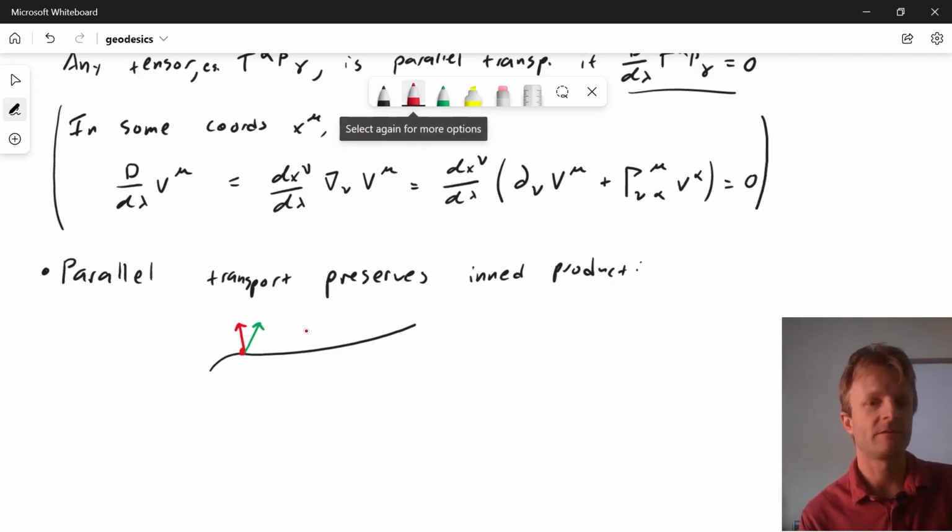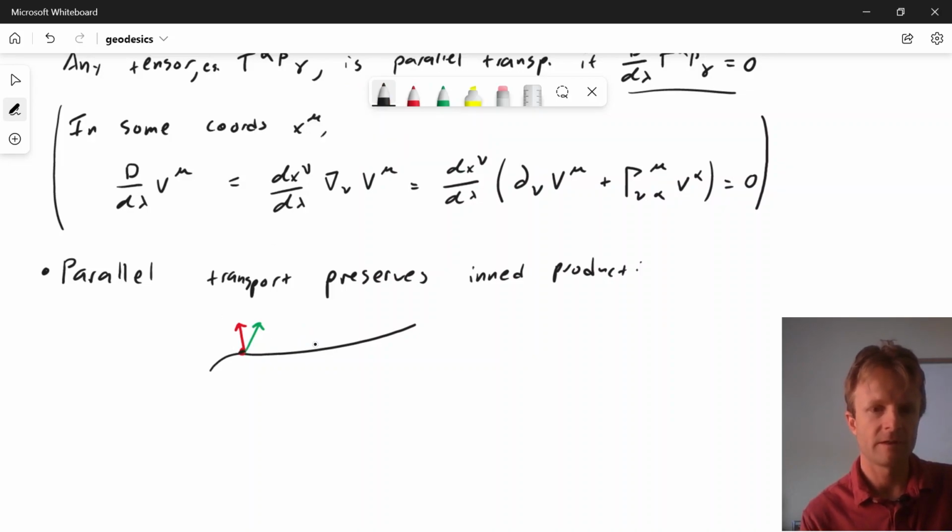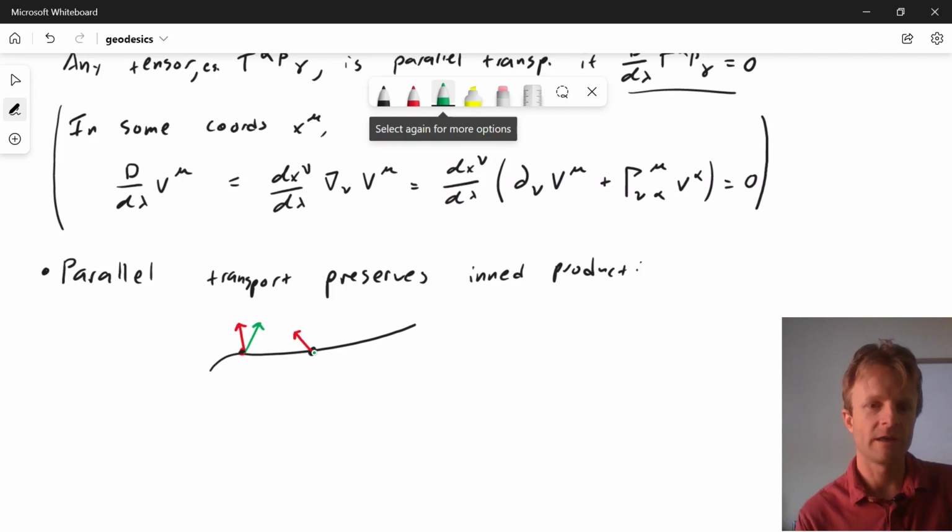Now it could be that the space is curved, so there's significant parallel transport, so that by the time you get over here, the red one has moved a little bit according to our coordinates, but the green one is going to move too. And they're going to just preserve the angle between them. And I'll show you that mathematically.